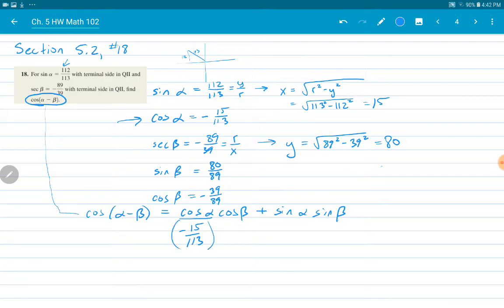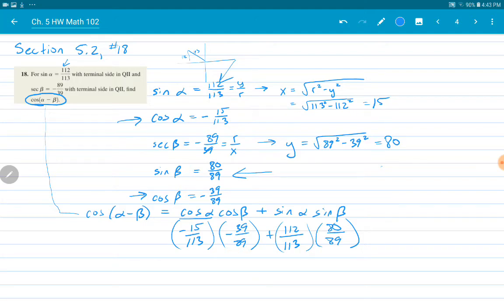Cosine of beta is right here, which gives me negative 39 over 89. Sine of alpha, right here, 112 over 113. And sine of beta is right there, 80 over 89.